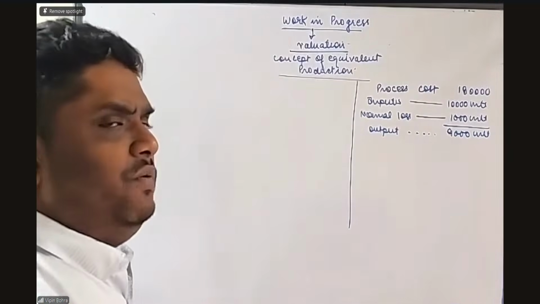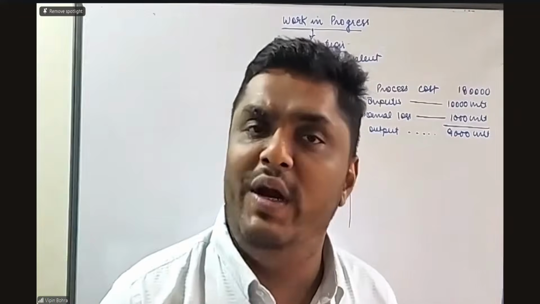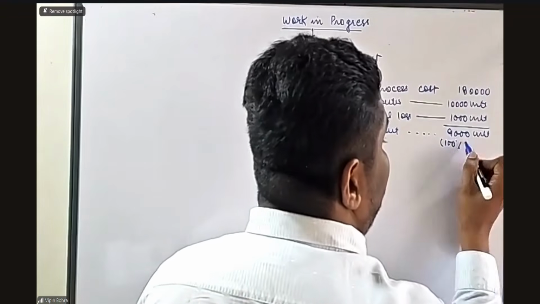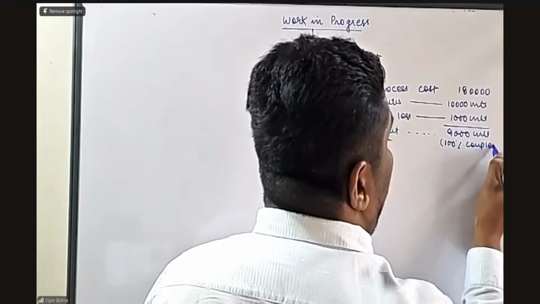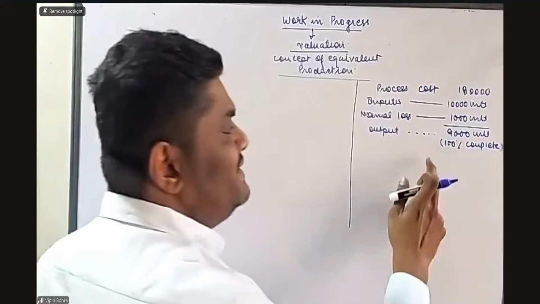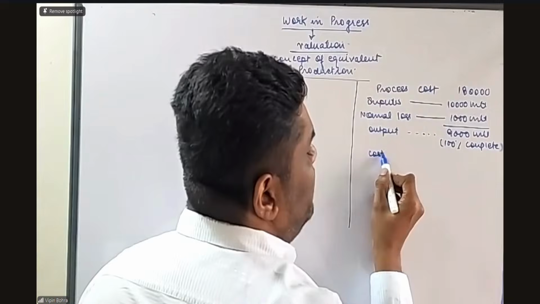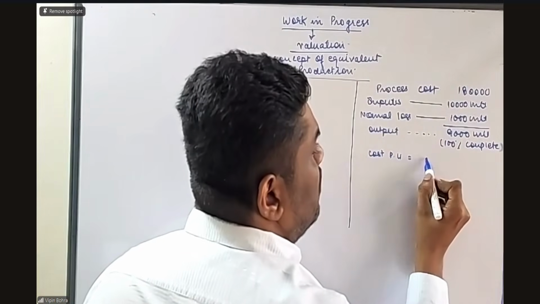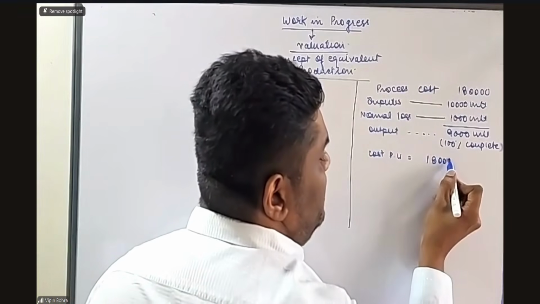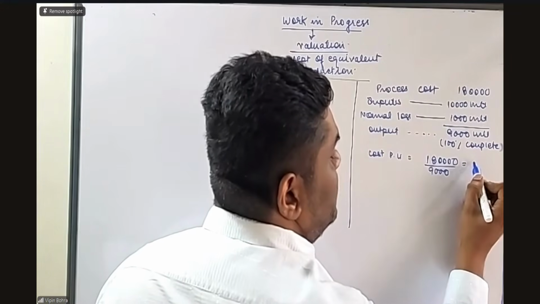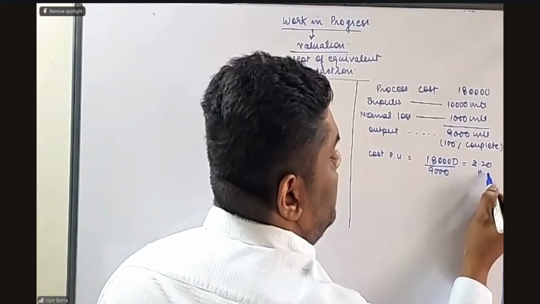So in this case, it was very easy for us to calculate the cost per unit. These 9,000 units were 100% complete. So my cost per unit was how much? 1,80,000 divided by 9,000 units. So that is rupees 20 per unit.